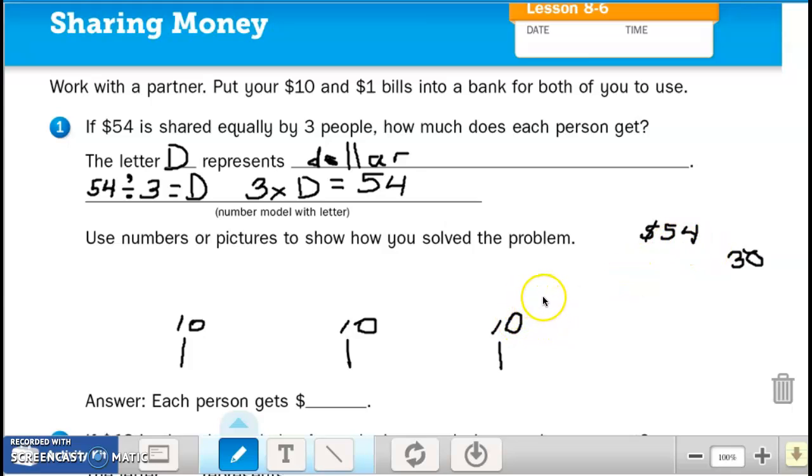So now we have 30 and we have to get to 54. We're going to see how many more dollars, and remember we're going to take our dollars and share. I'm going to use tally marks to help me do that. I'm already at 30 and I've got to get to 54.